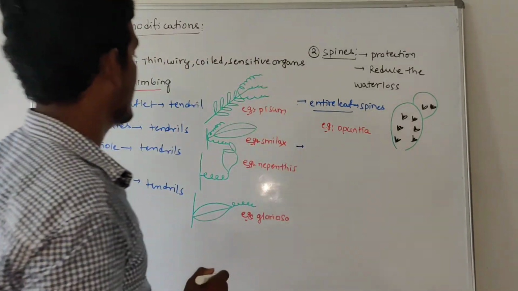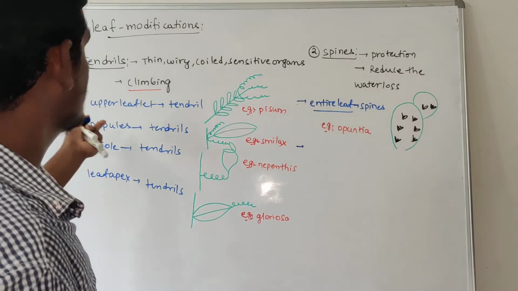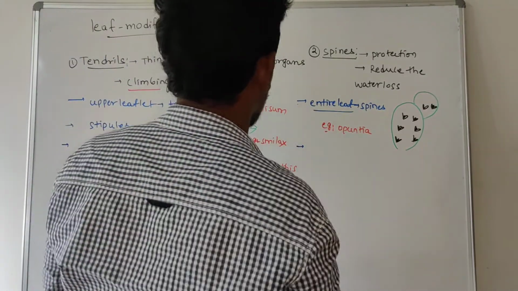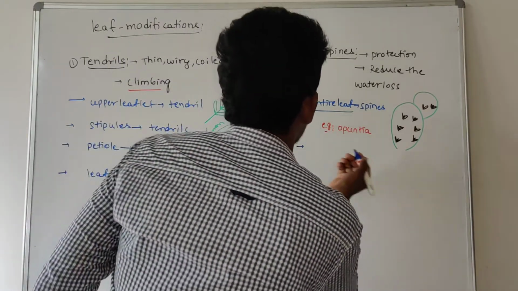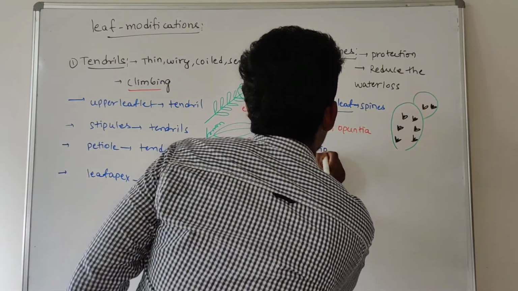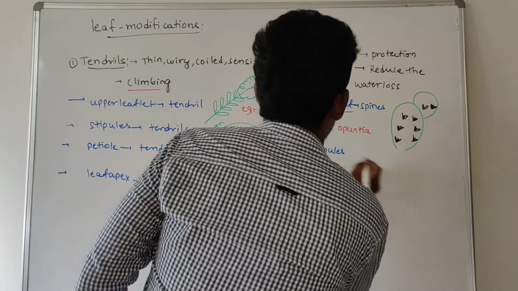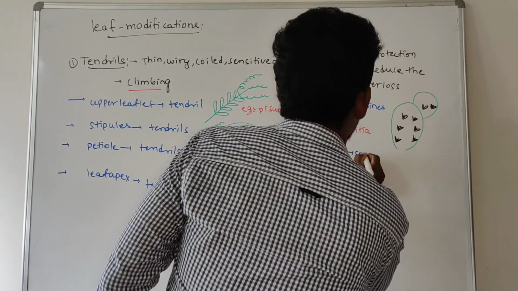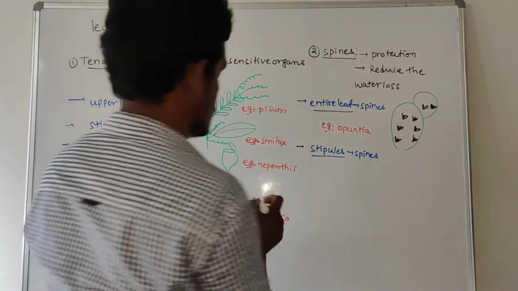In some other plants, the stipules may be modified into spines, right? The example for this one is Zizyphus.